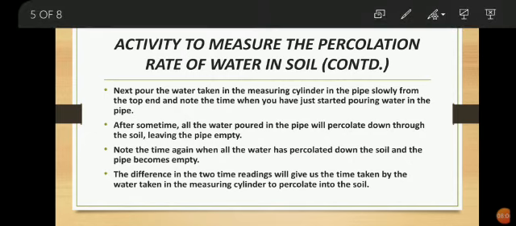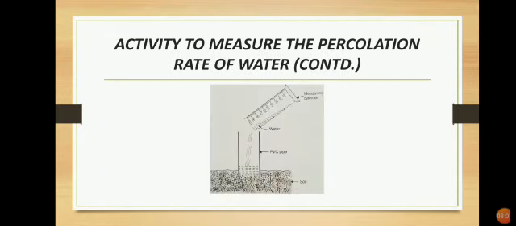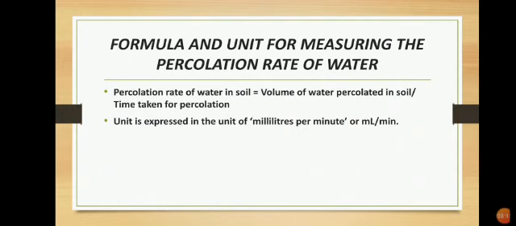Now, how will you find out the rate of percolation of water? It will be done by using a formula. What is that formula? The percolation rate of water in the soil is calculated by the volume of water percolated in the soil, that means the amount of water which you had taken in the measuring cylinder, suppose 50 ml, divided by the time taken for percolation, that is the time difference, suppose 30.